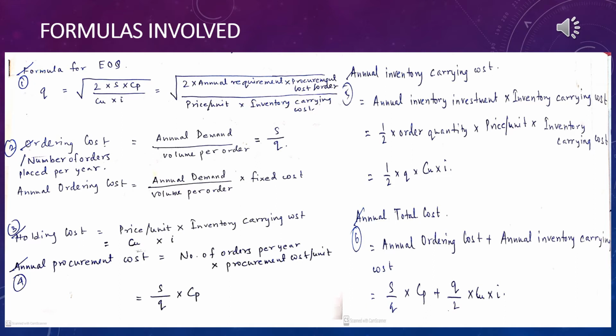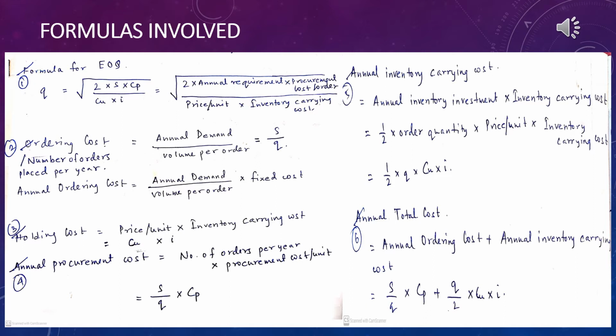The procurement cost is clearly given as 36 per order, so we can take that into account. The per unit cost or CU has also been given as 25. Coming back to the inventory carrying charges, which is computed at 1.5% of the average inventory investment.